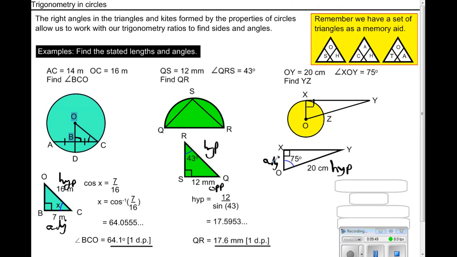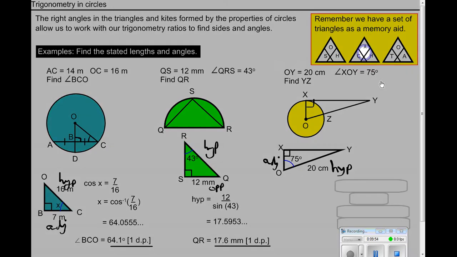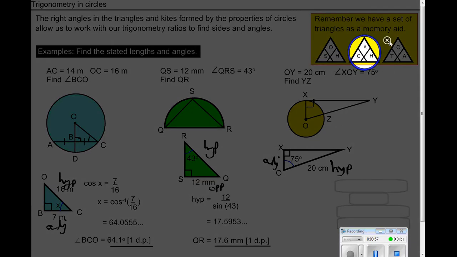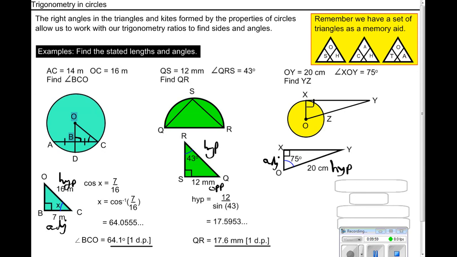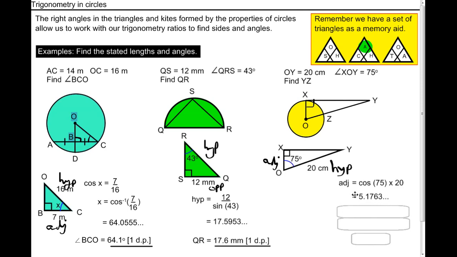And looking at my rules, the one that works with adjacent and hypotenuse, I'm using the cosine ratio again. I'm trying to find the adjacent. So here I see I have to do cosine of my angle times the hypotenuse. So the adjacent is cosine of 75 times 20. I can type this into my calculator and get my unrounded answer.